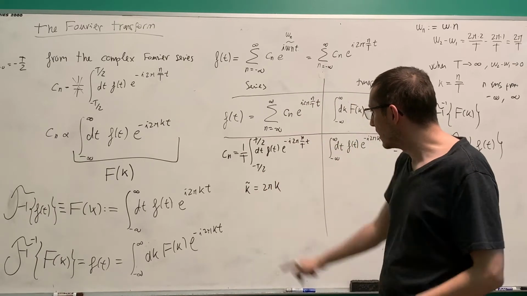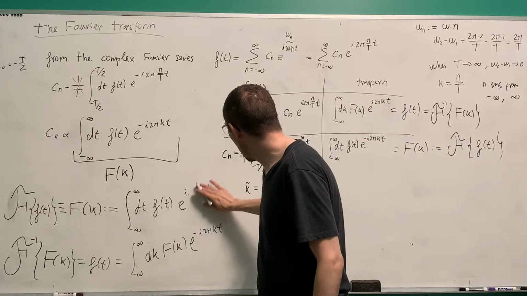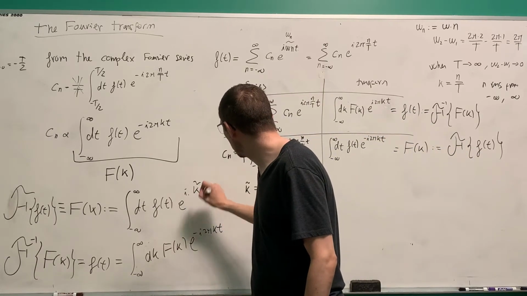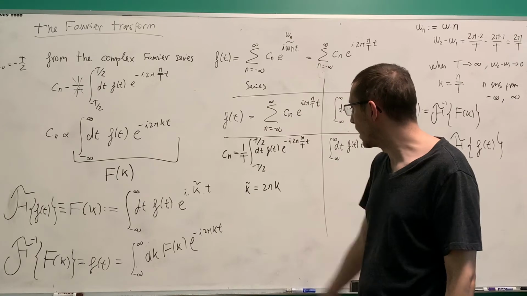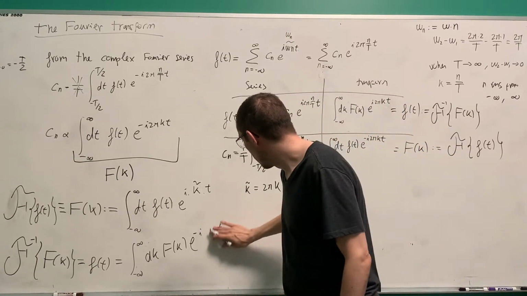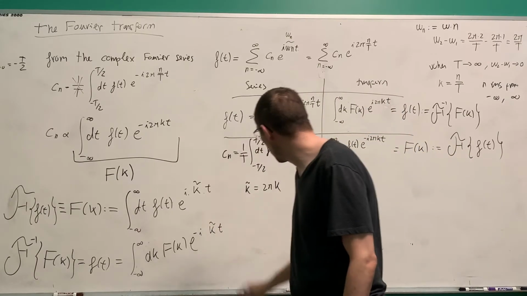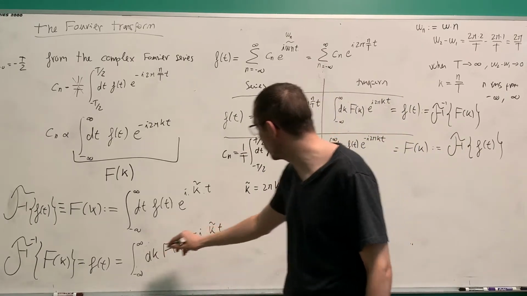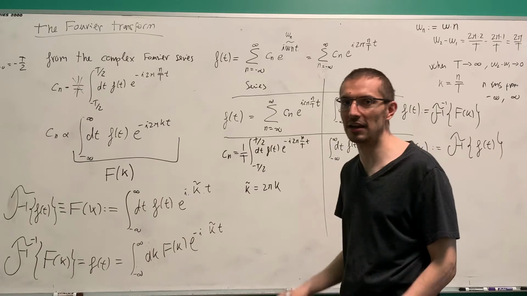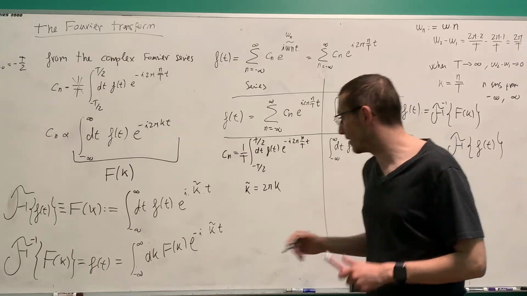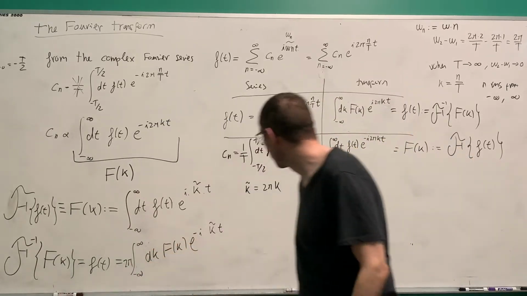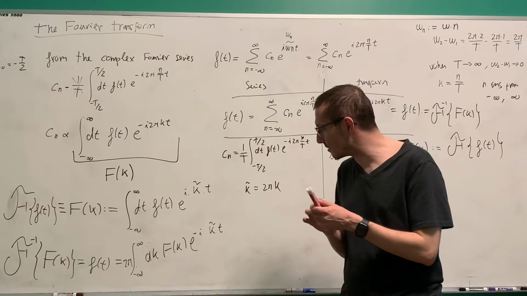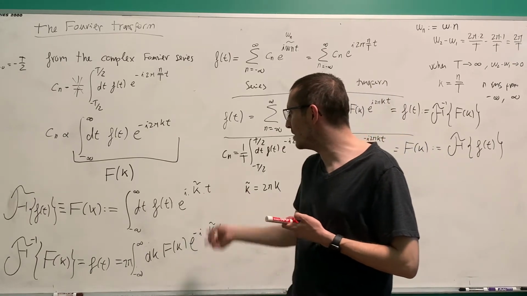Well, if I do that, this thing becomes e to the i k tilde t and nothing else, and this one becomes k tilde here, but then you get the differential of k, so you have a 2 pi in there also, right? So you see, there are different ways of defining the Fourier transform by doing changes of variables.